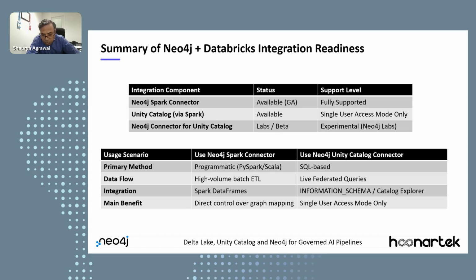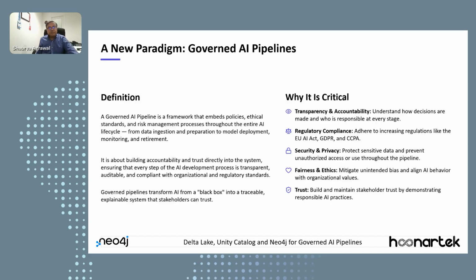And with the access to connect to Unity Catalog in Databricks, that exposes you all the metadata and the catalog information of all the objects that you have created in Databricks. And that allows for complete two-way communication.